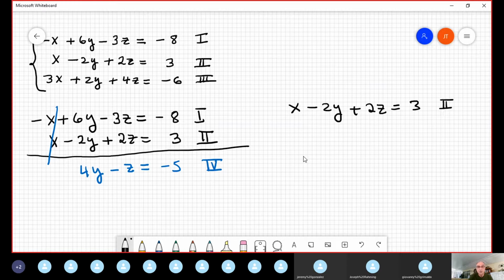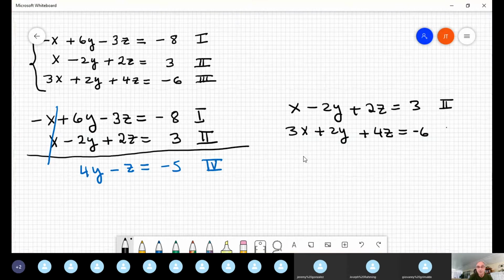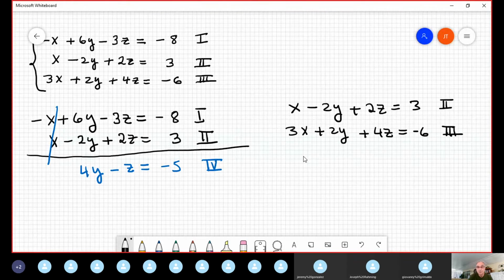I copy equation 2 again and equation 3 now. Okay, I can see y is ready for elimination, yes or no?